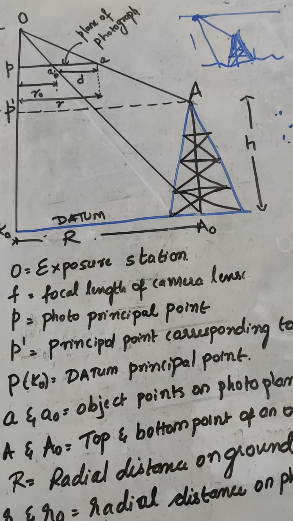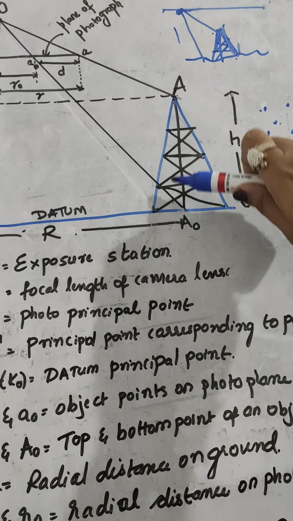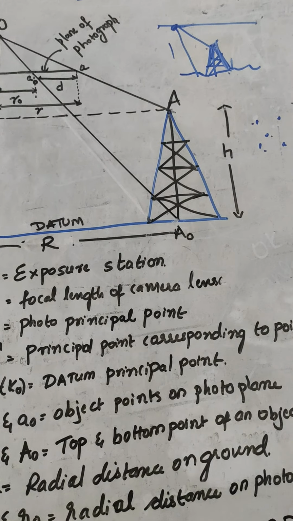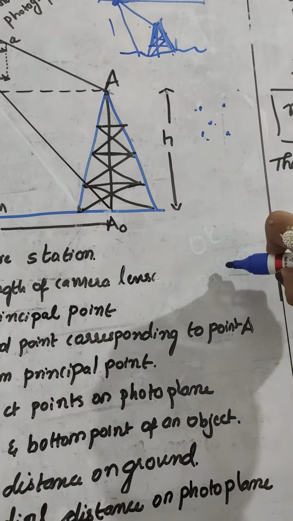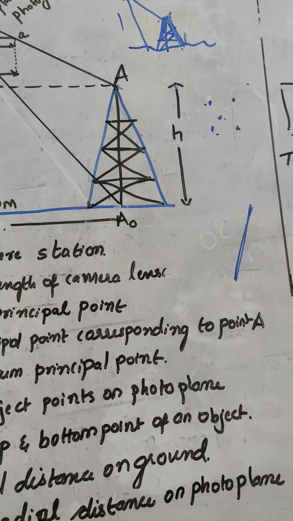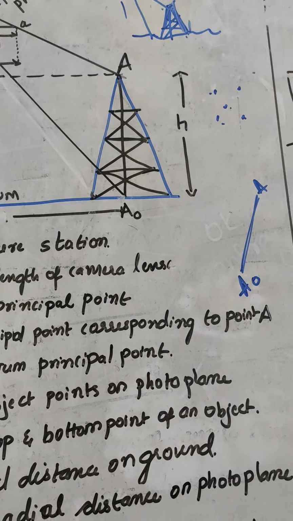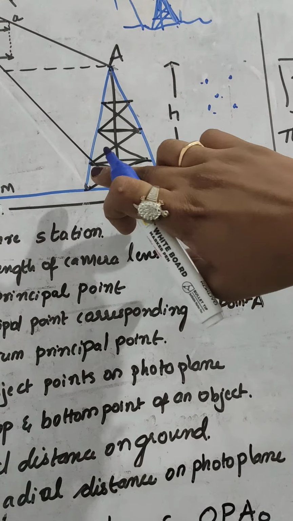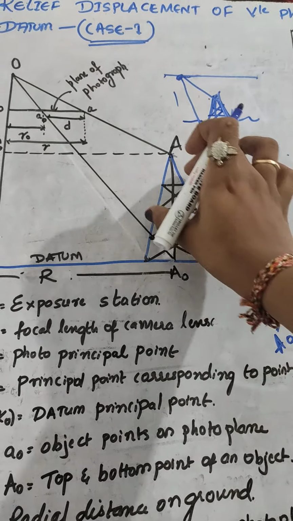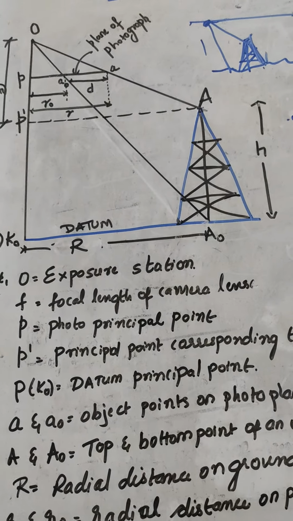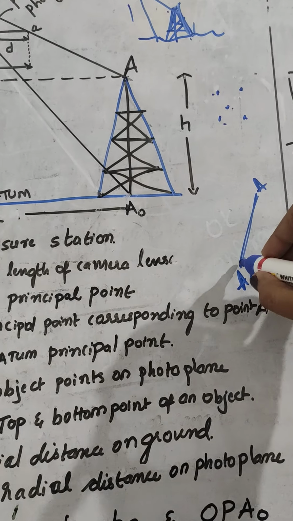That means this distance, this present distance. So I can write this separately. See, I will write in this isometric view itself. Here it is A naught and the top is A. Correct, right? So this portion is A naught and this is A. The same thing is projected on the photo plane, that means through the lens it is projected the same.